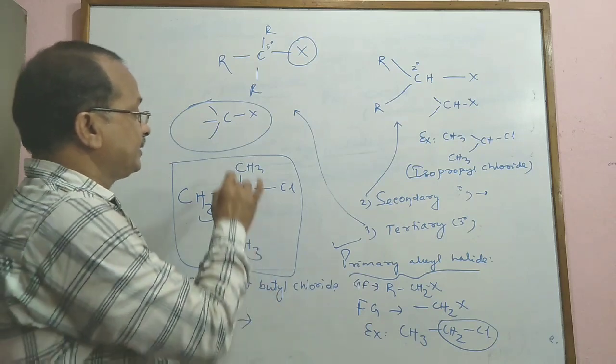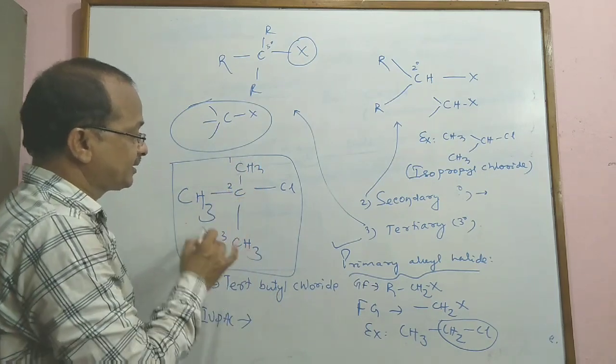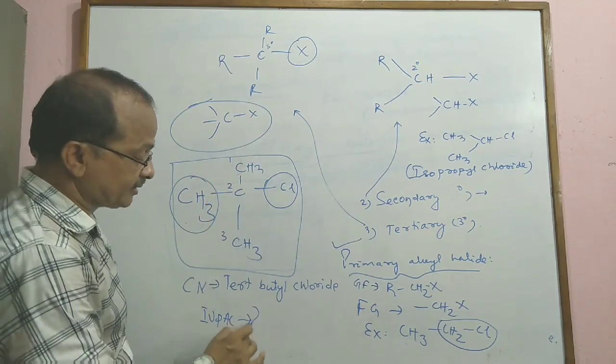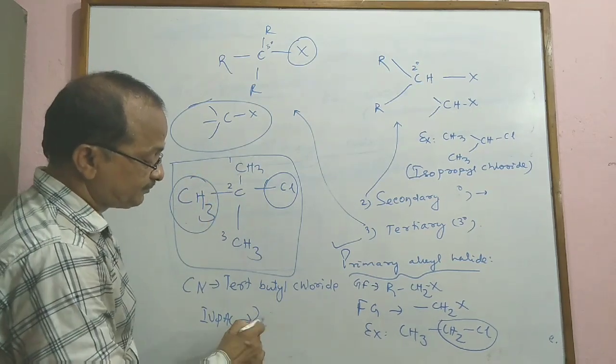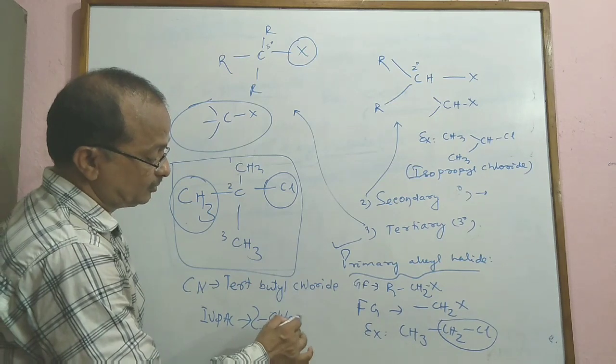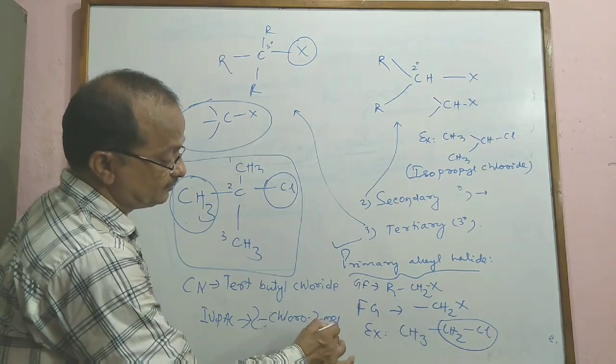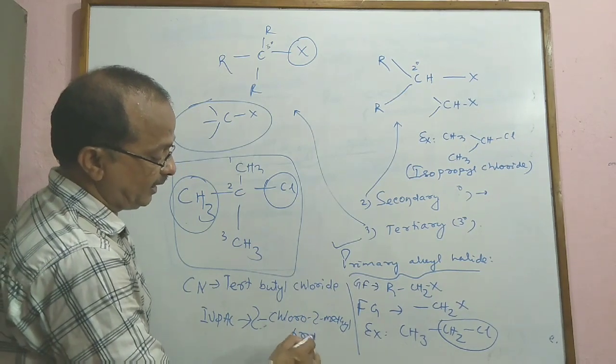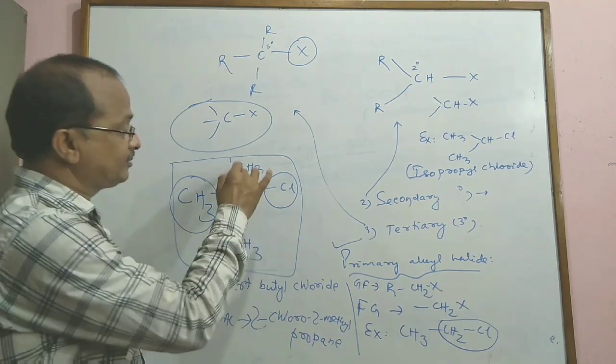Suppose this is the longest chain, at the position 2 chlorine atom is attached and the methyl group is attached, so it is named as 2-chloro-2-methylpropane.